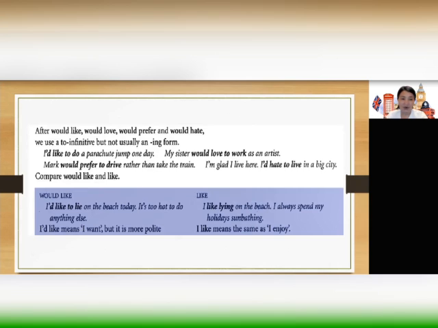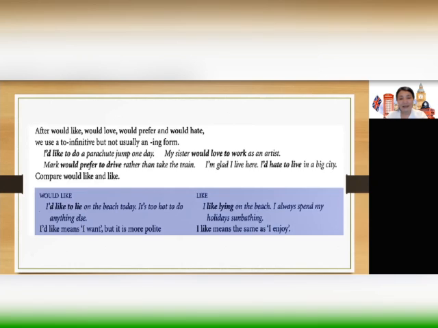And let's compare would like and like. What's the difference between them? The first, would like, for example, I'd like to lie on the beach today. It's too hot to do anything else. Here, I'd like means I want, but it is more polite.